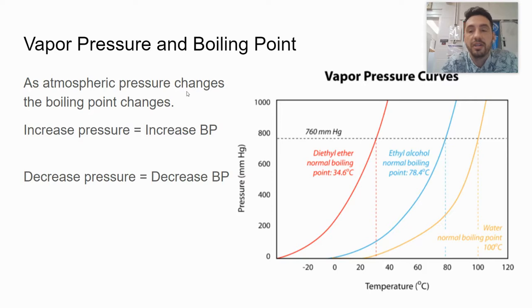Once the vapor pressure and the atmospheric pressure are the same, we get a substance to boil, because now the pressure of the gas and the pressure of the atmosphere are the same. So the atmosphere no longer pushes the liquid back down, and that liquid can now escape.